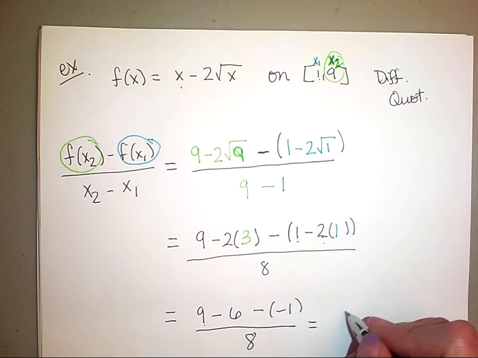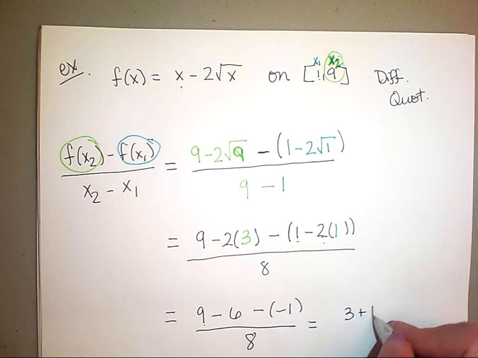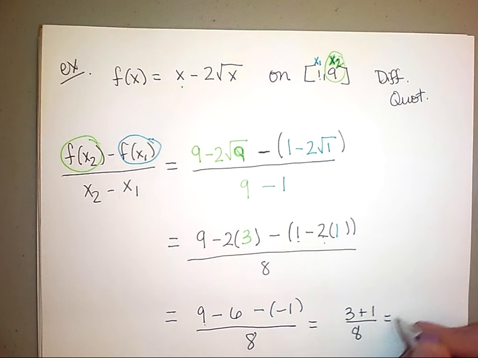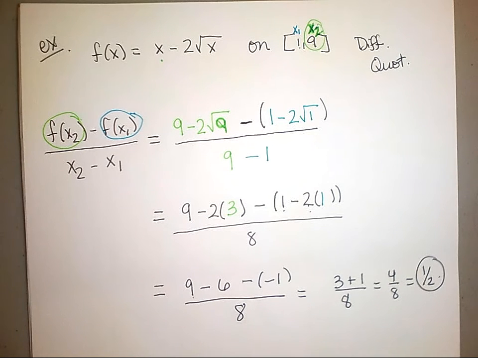Now we can simplify. So this is 9 minus 6 minus, inside of here we have 1 minus 2, which is minus 1, over 8. Here we have 9 minus 3, and then plus 1 over 8, which is 4 over 8, which is 1/2.